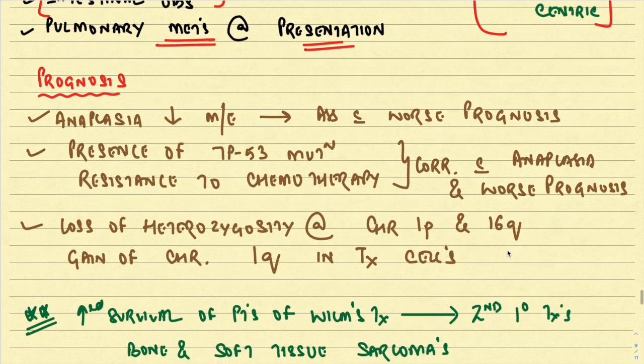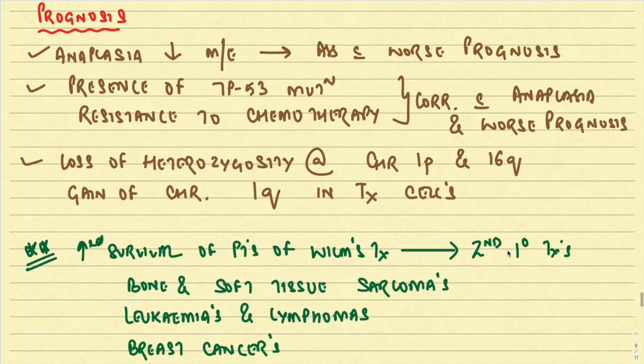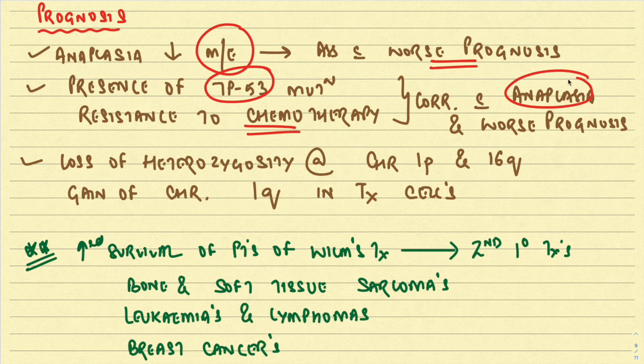Coming to the prognostication of Wilms tumor, the presence of anaplasia under the microscope is associated with a worse prognosis, which we have already read about. Again, the presence of TP53 mutation along with resistance to chemotherapy can be correlated with anaplasia and is associated with a worse prognosis.